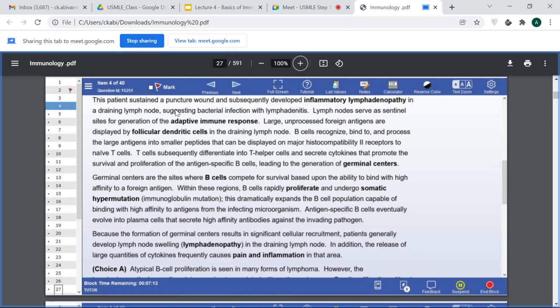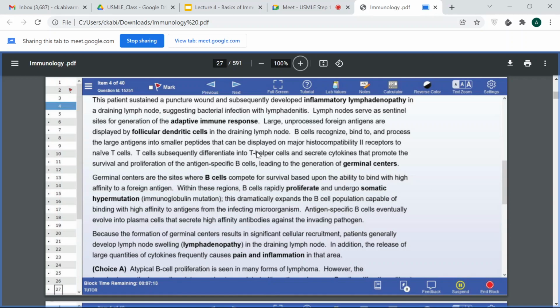So this is how UWorld wants you to think. The patient sustained a puncture wound and then an inflammatory reaction. The antigen presenting cell went to the lymph nodes, and then the adaptive immune response was triggered. The B cells recognize, bind to, and process the large antigen into smaller peptides and present them on MHC class 2 receptors to the naive T cells.